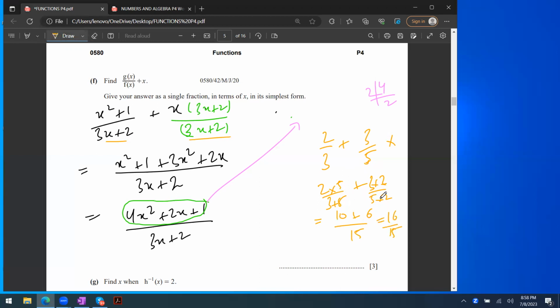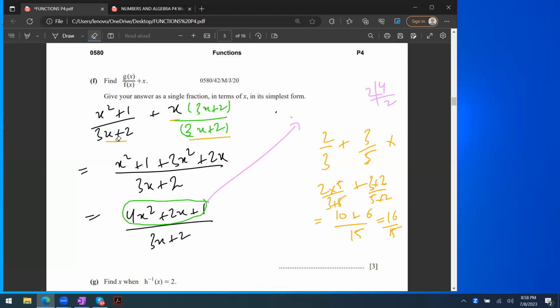Until I make the denominator the same, I cannot add the numerator. I did the same thing here. X does not have any denominator. It was x over 1, right? So I had to make the denominator the same for both, 3x plus 2. So I multiply and divide with 3x plus 2.